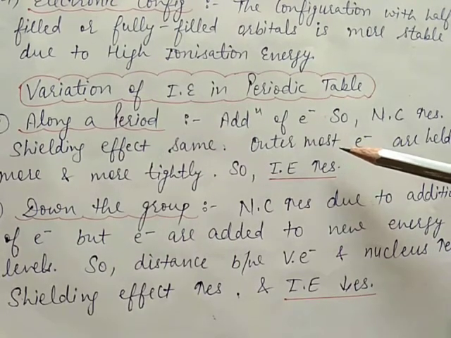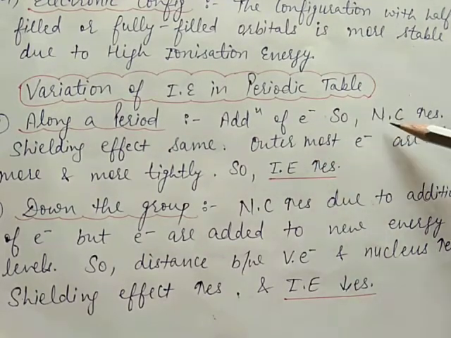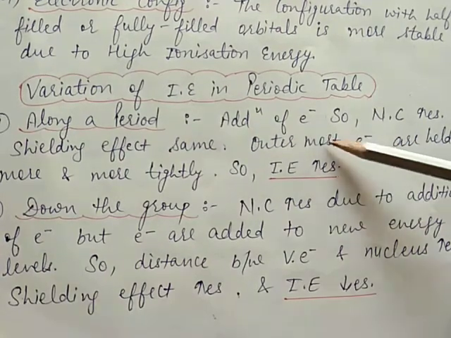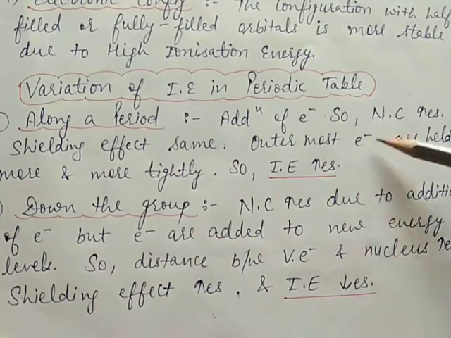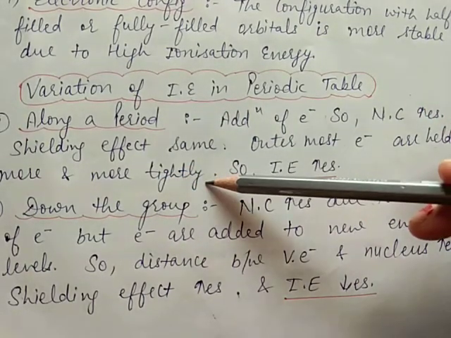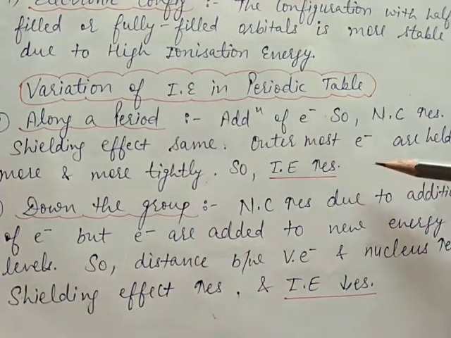Increased nuclear charge means increased attraction of electrons to the nucleus. The nuclear charge outweighs the screening effect across a period, so the outer electrons are held more and more tightly by the nucleus. So ionization enthalpy increases across a period.